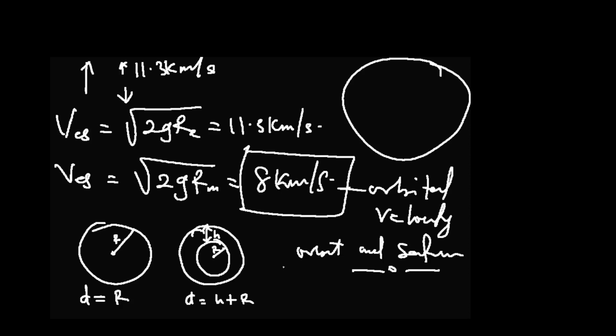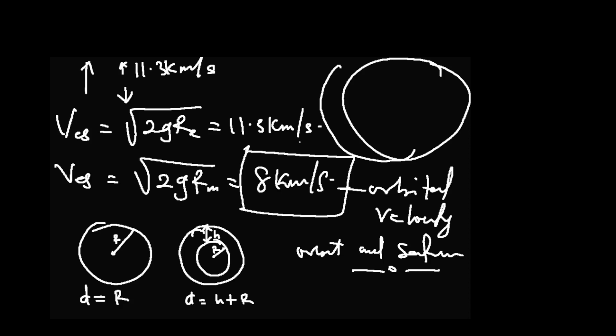And satellite simply means a small object moving in an orbit around a larger object, with the larger object exerting a gravitational force on the smaller object.